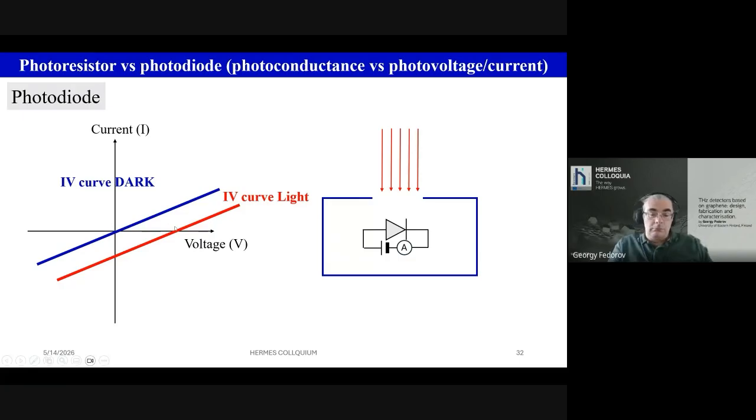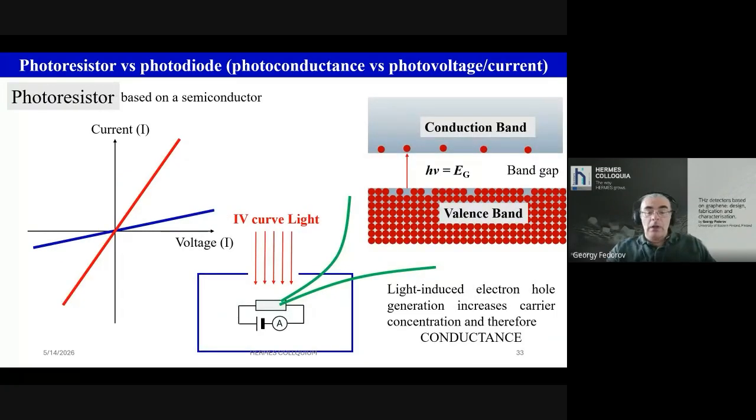So it's more comfortable, it's more energy efficient, and therefore that's what people really want from a detector. When we work with the visible range, photoresistors and photodiodes are based on semiconductors, and the main mechanism of light detection is excitation of carriers over the band gap.